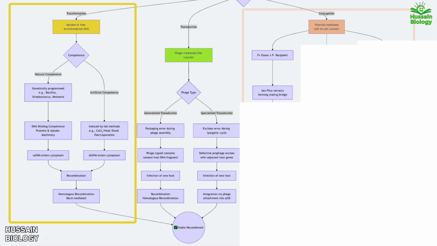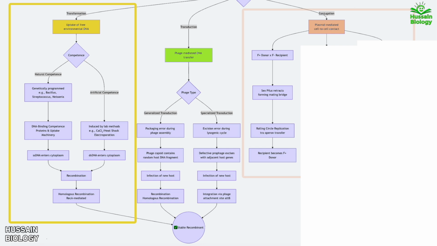Once the bridge is formed, the plasmid undergoes rolling circle replication, and a copy of plasmid DNA is transferred into the recipient. At the end, the recipient becomes F plus as well, now capable of acting as a donor in future conjugation events. But conjugation isn't limited to just plasmid transfer. Sometimes the F plasmid can integrate into the bacterial chromosome.